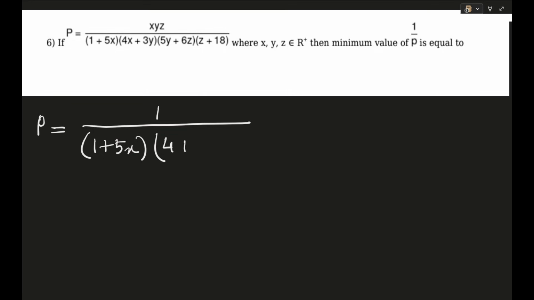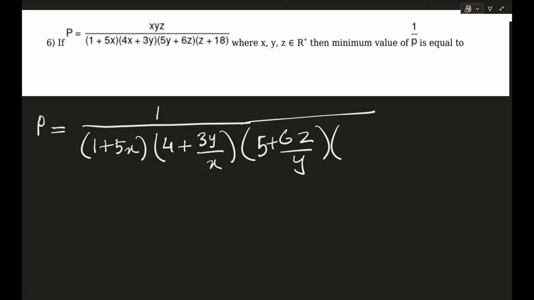This will become 4 plus 3y by x. The next one will become 5 plus 6z by y. And this term will become, I'm sorry, the line is a bit crooked, this one will become 1 plus 18 by z. Okay, and now what we are going to do is this 4, 5 are not looking good.